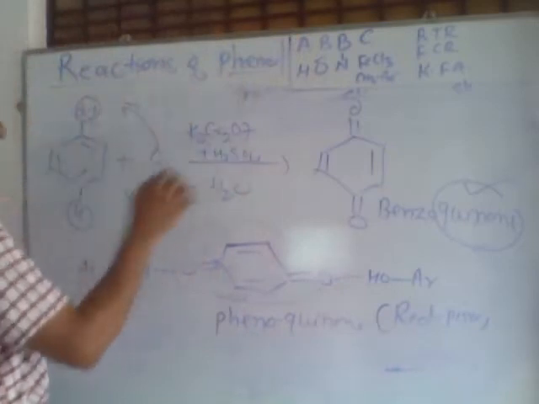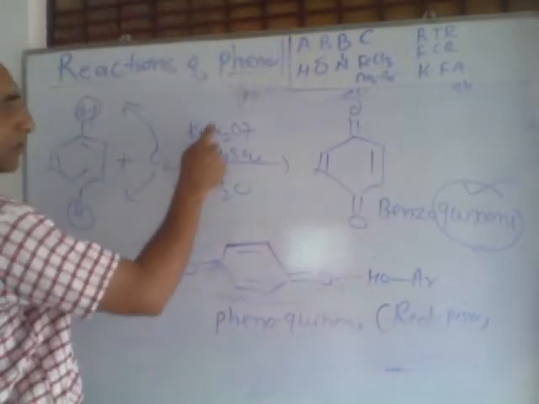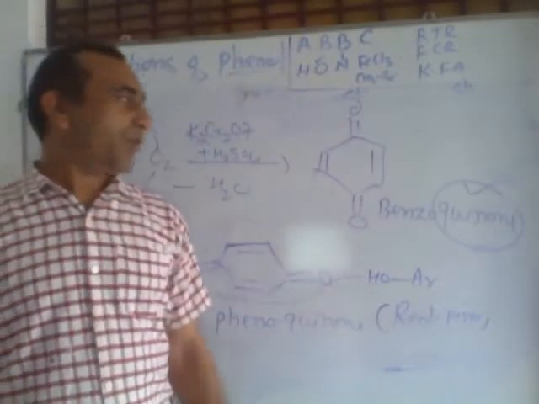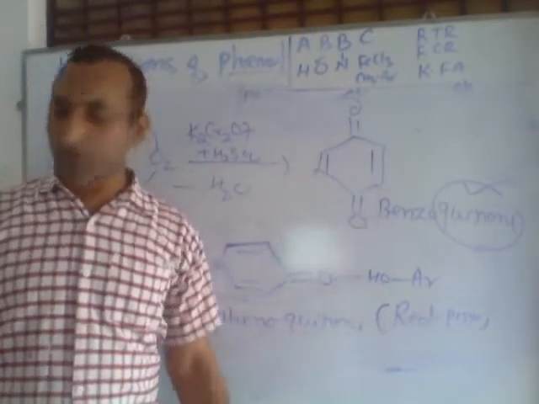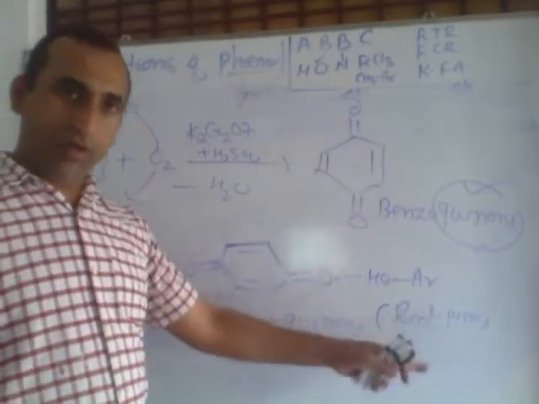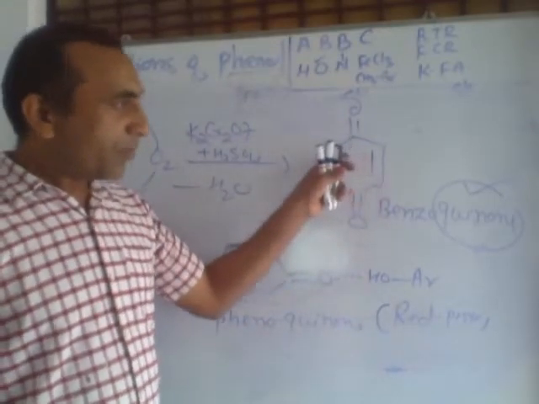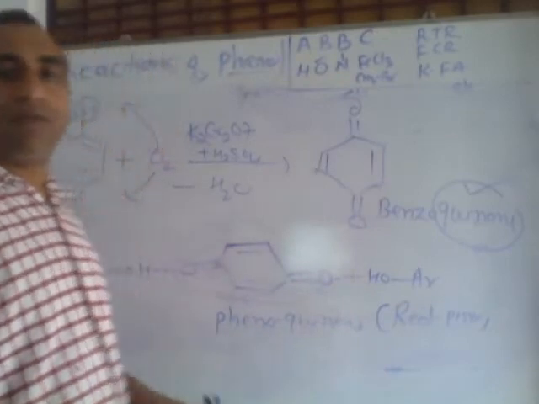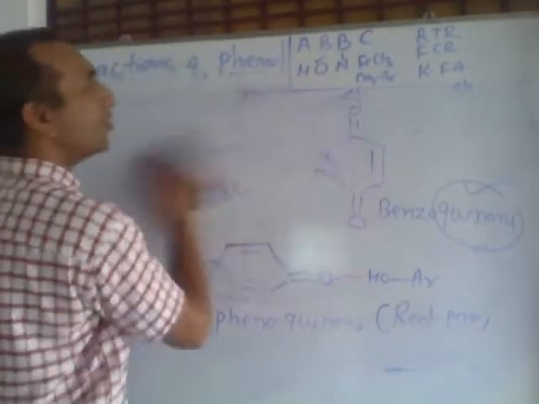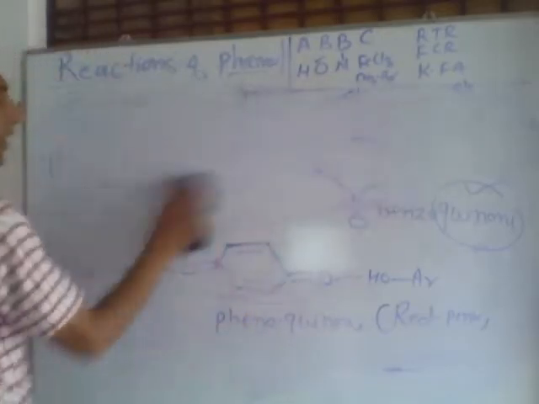Its oxidation takes place by air, otherwise by potassium dichromate in acetic acid. First benzoquinone is formed, and after formation of intermolecular hydrogen bond with phenol, phenoquinone is formed.